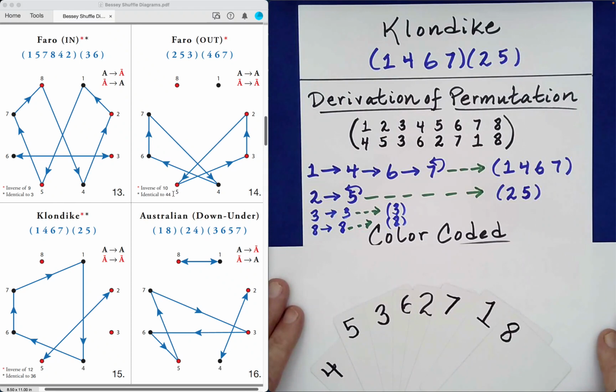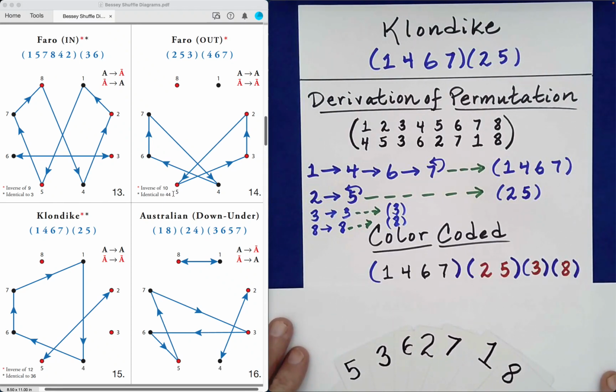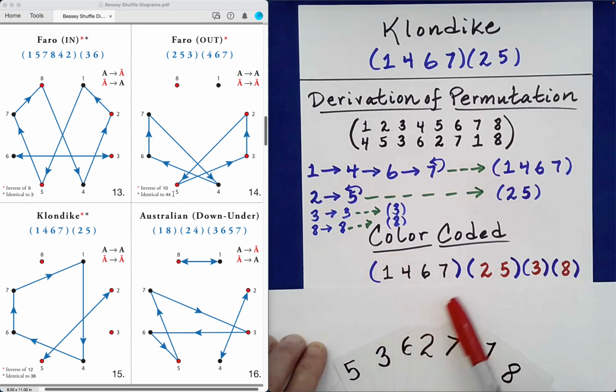Now if we color code our cycle notation of the permutation, we get the following. So we get 1, 4, 6, 7. Now remember, all of those are color-coded black. And then we get transposition 2, 5. And those values are color-coded red.